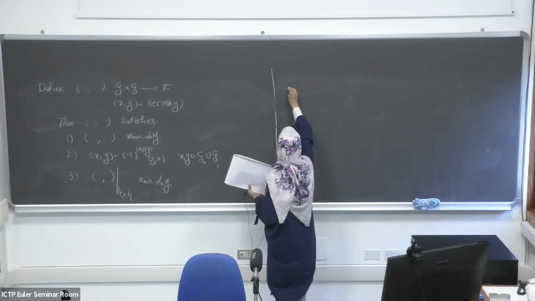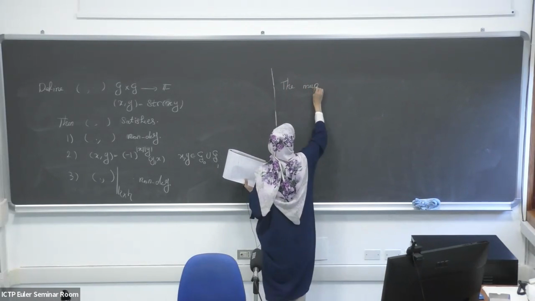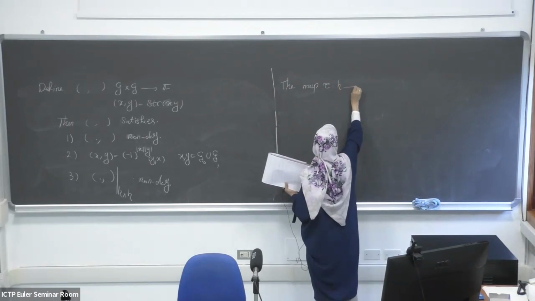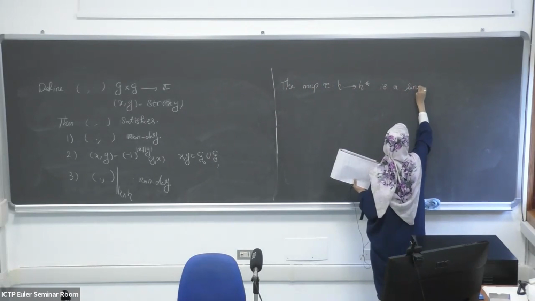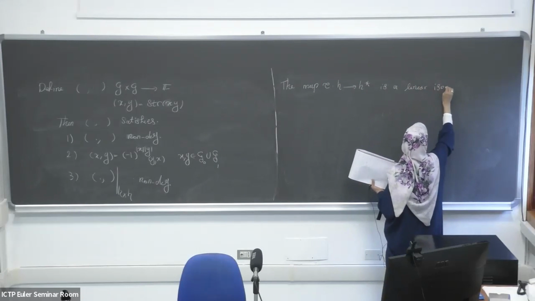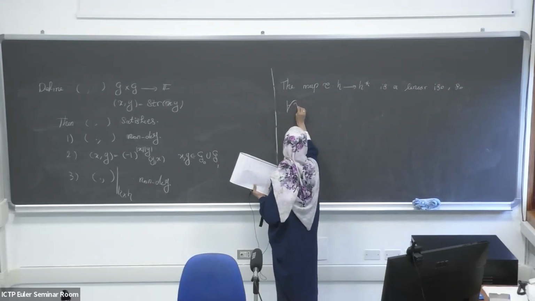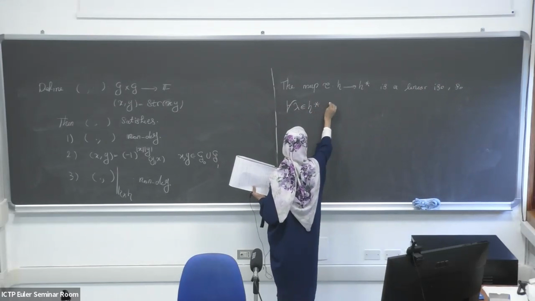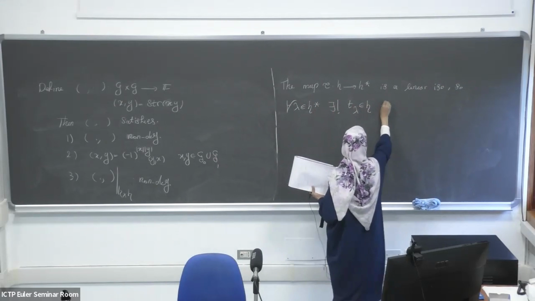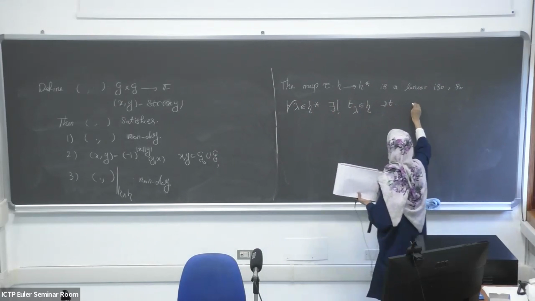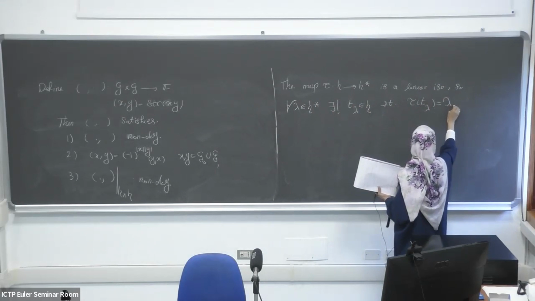The map from H to H star is a linear isomorphism. So for each lambda belonging to H star, there exists a unique t lambda belonging to H such that (t lambda, ·) equals lambda.